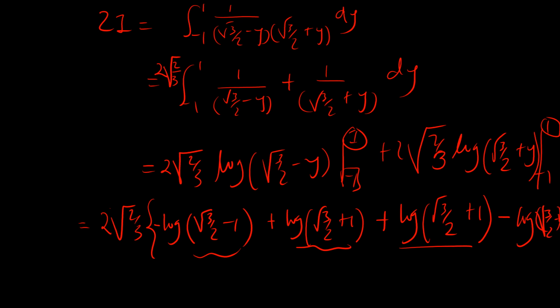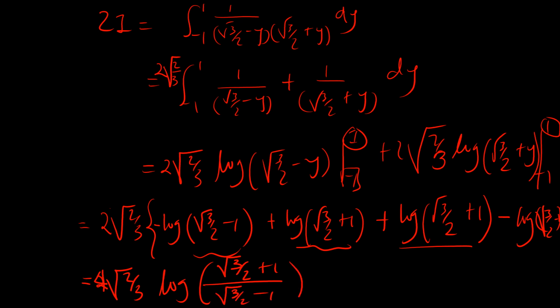So these are all negatives, so what this becomes is 2 root 3 log of, actually times 2 because we have twice of each, so this becomes 4. We have square root of root 3 over 2 plus 1 all over square root of 3 over 2 minus 1, and this is the answer.